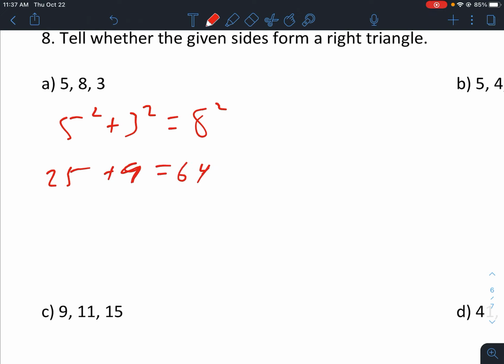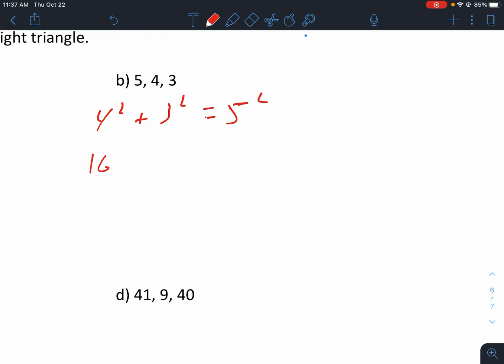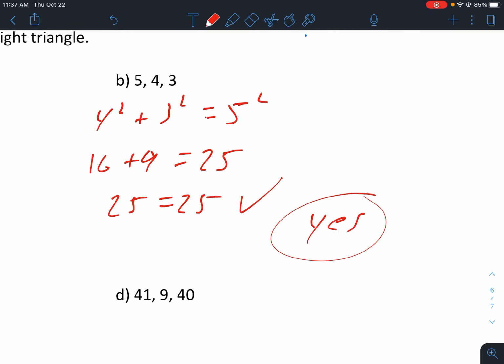So we have 25 plus 9 equals 64. 34 equals 64. Clearly that's not true. So this is not a right triangle. Letter B, 5 is the biggest number, so make sure that goes by itself. 25 does equal 25, so this is a right triangle.